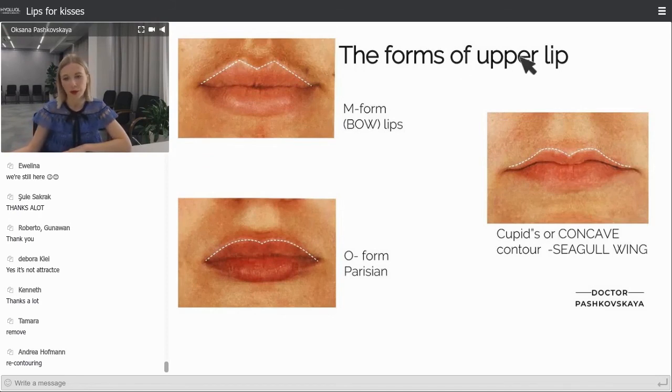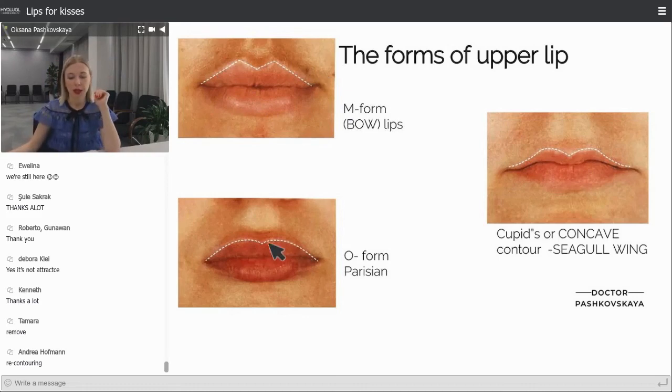So, the forms of the upper lip. It's so easy to remember and recognize, but it's very important, especially when we determine the technique for injecting the lips. M form, bow lips, very nice. We just should refresh those lips. Mostly I use Alexa medium filler for injecting such a lip form, and maybe with aging, when the volume is lost, I could use Alexa volume.